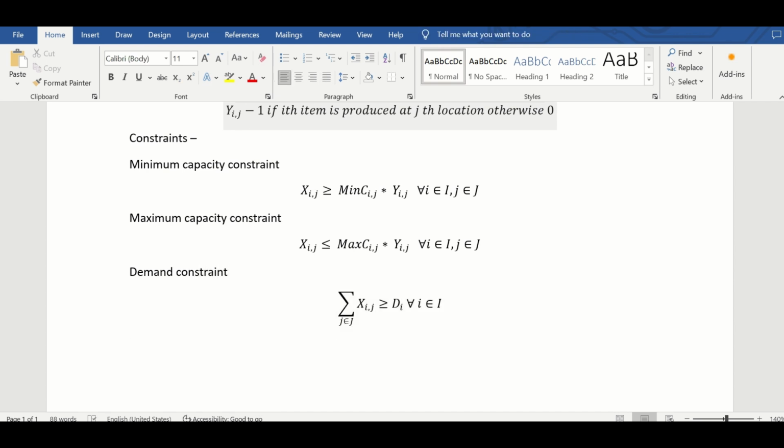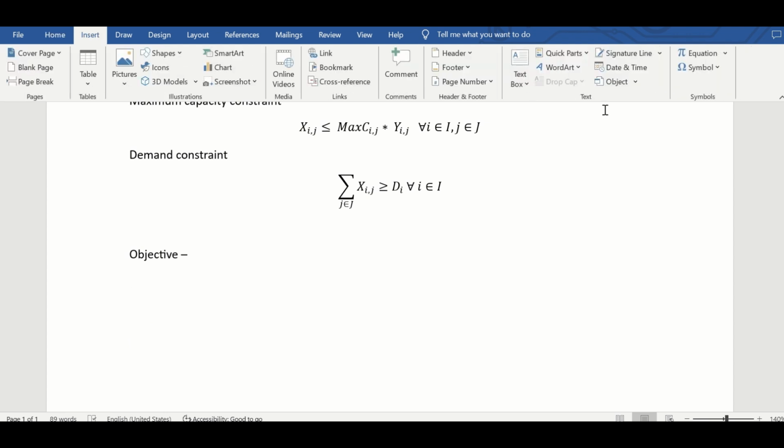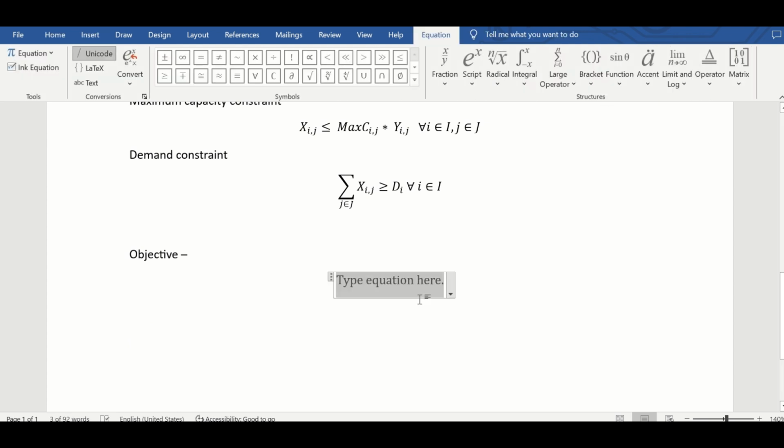Next, we will write the objective term. The objective for us is two things. One is the variable production cost, and the second is the fixed production cost.